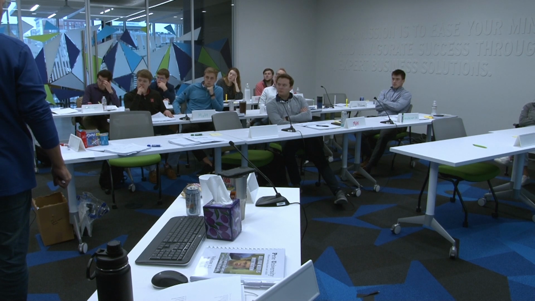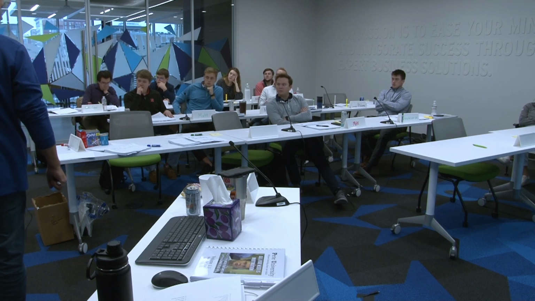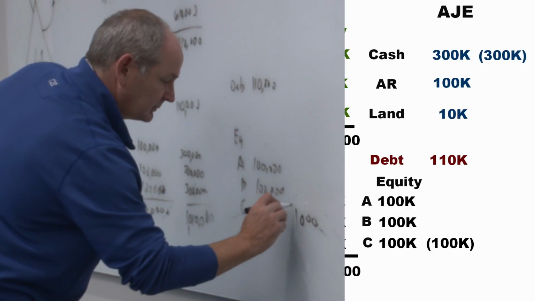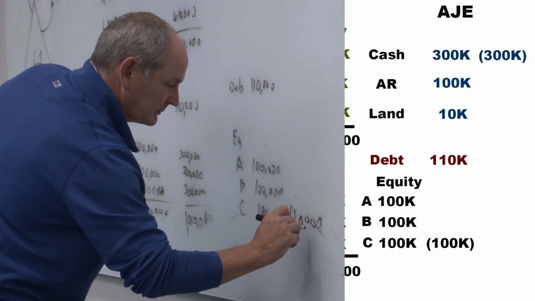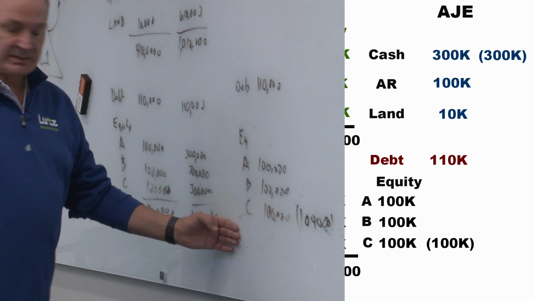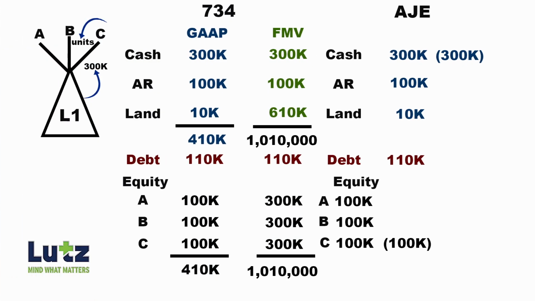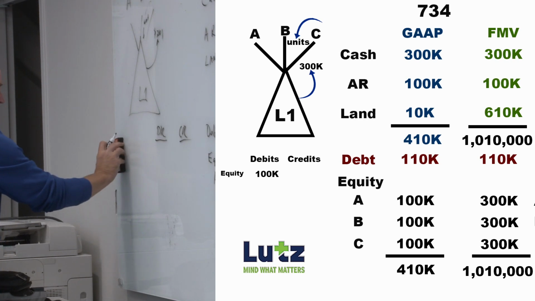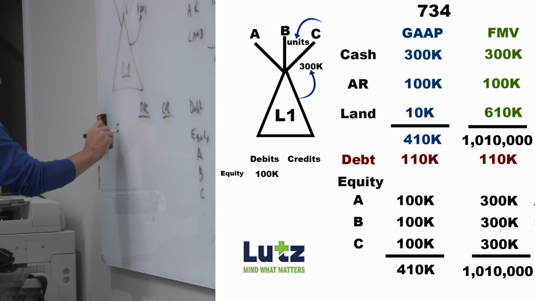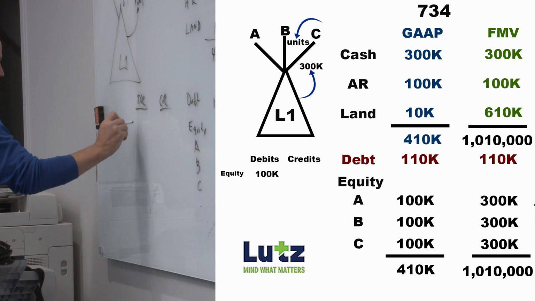Okay? Is C going to be a partner in the partnership anymore? So is C's equity in the partnership going to exist anymore? No. It is not. So that's going to be a debit to C's interest, is it not? Huh. So let's see. If we think about in terms of debits and credits, we have equity of 100, correct?